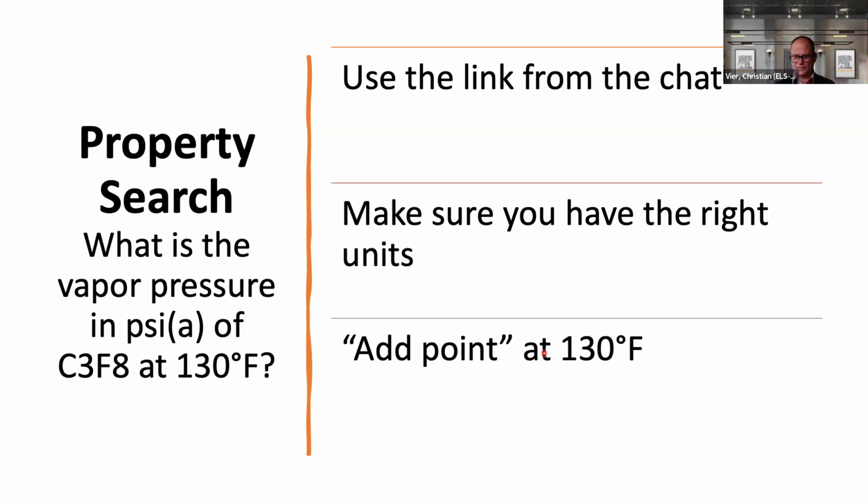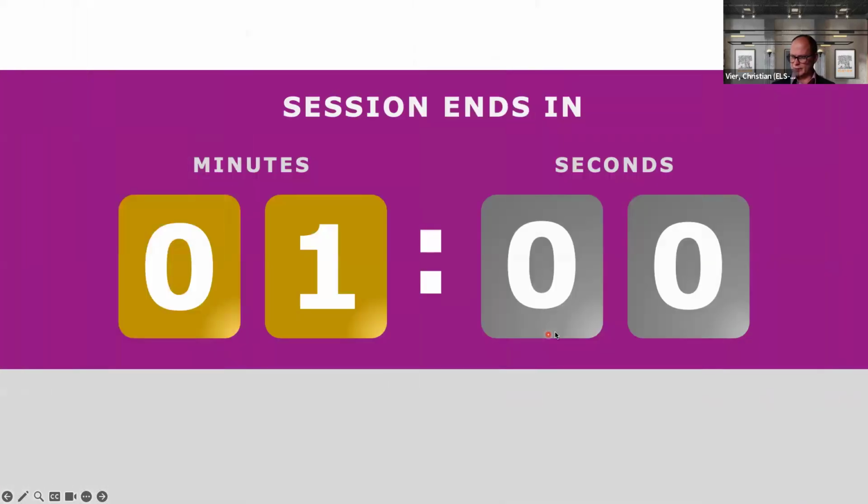A little bit more complicated than the first one, but I'm confident that you will be able to calculate. So again, make sure you take not Celsius, but Fahrenheit and pressure PSI, and then you just add the point at 130 degree Fahrenheit. And the time is running now.